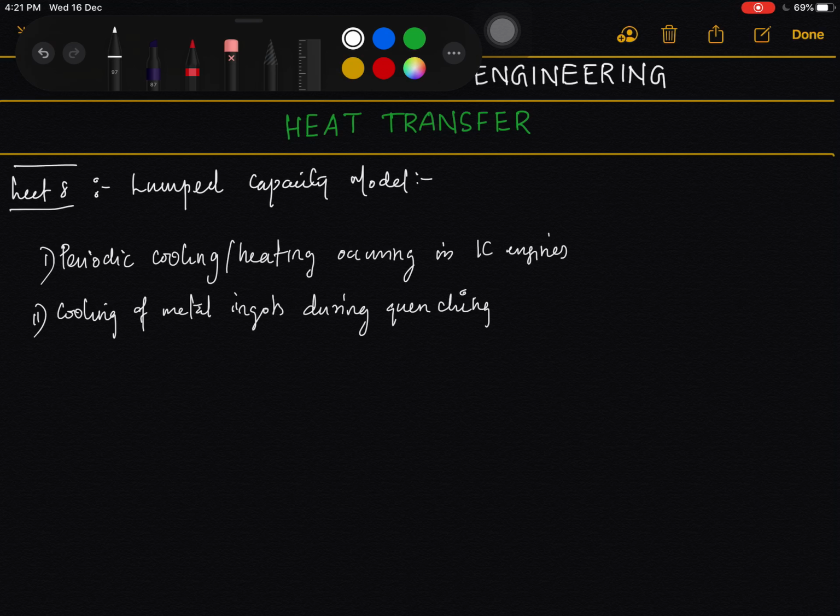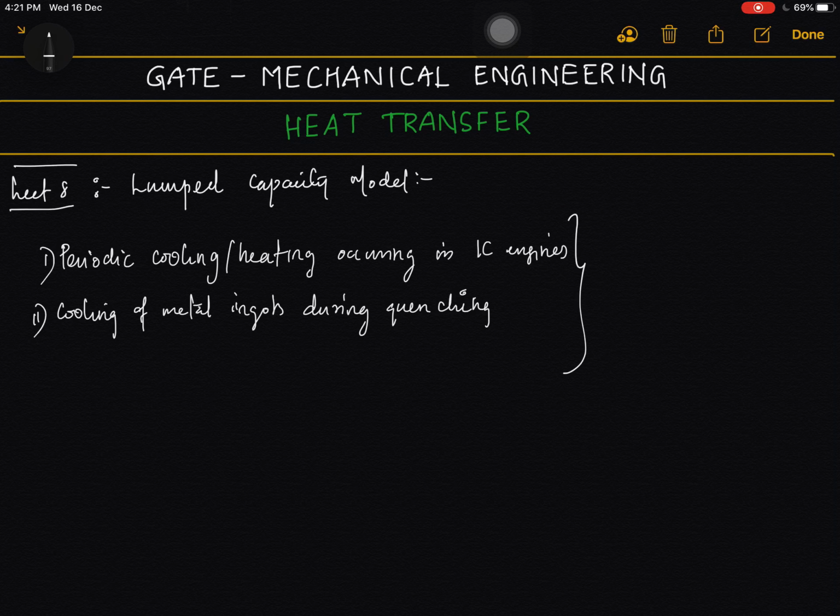The first one is periodic cooling or heating occurring in IC engines, and the second one is cooling of metal ingots during the quenching process.